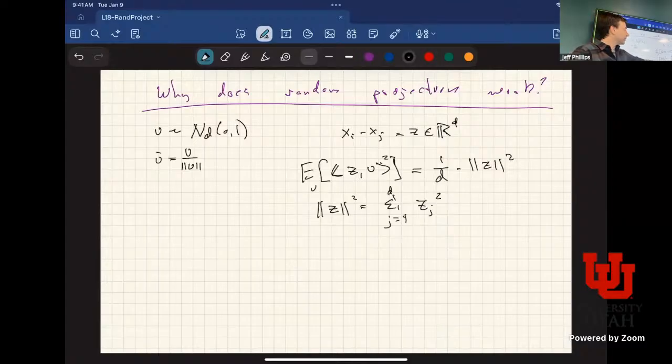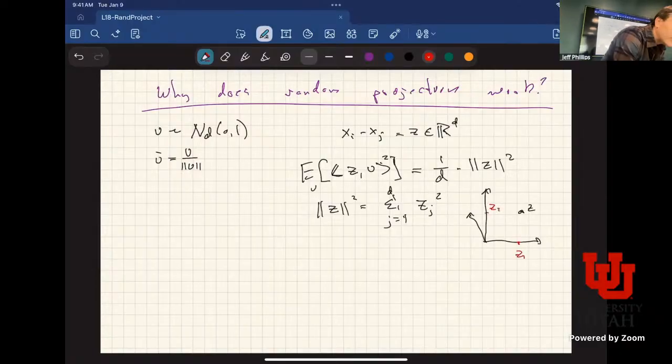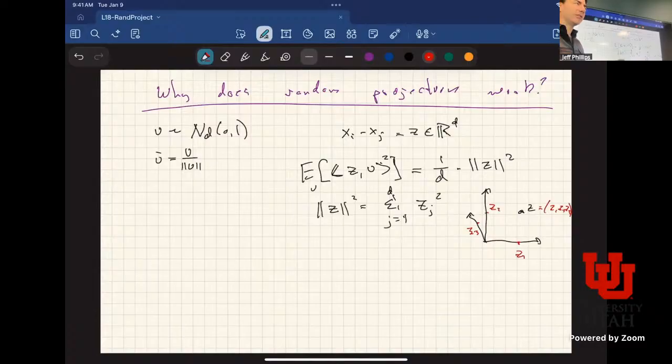This is using the coordinate basis, so I can write z in this coordinate system, with z1, z2, z3, and I square each of the terms. This was a choice of the coordinate system.